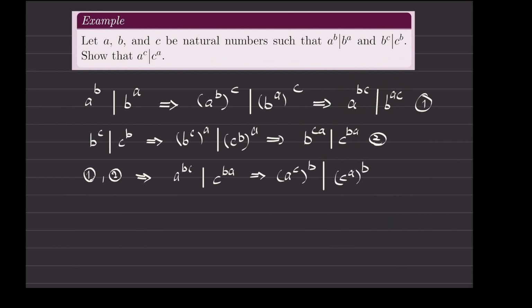And now we just learned that, let me write it with capital letters that are not confused with these ones, if I know that a to power n divides b to power n, and if n is natural, we didn't prove that, but trust me on that, this is true, and I can get rid of these exponents. So now I can get rid of these exponents because the exponents are natural, and what is left for me is a to power c divides c to power a, and that is what I wanted to prove.